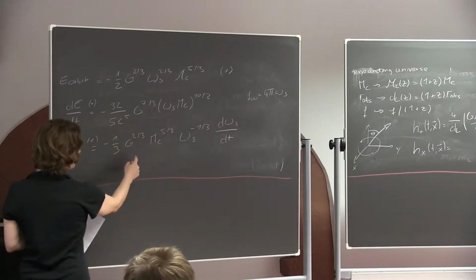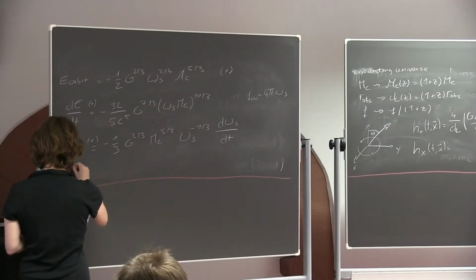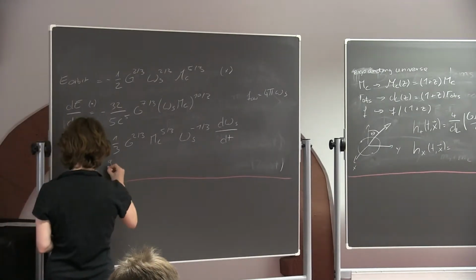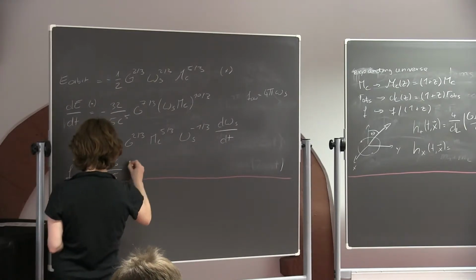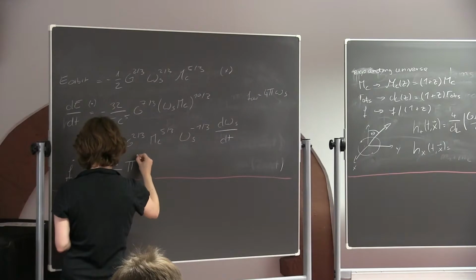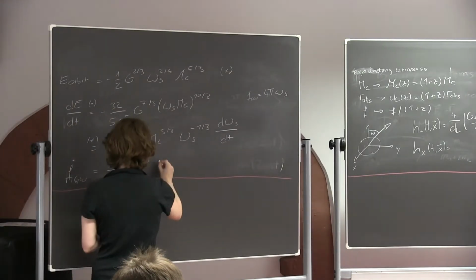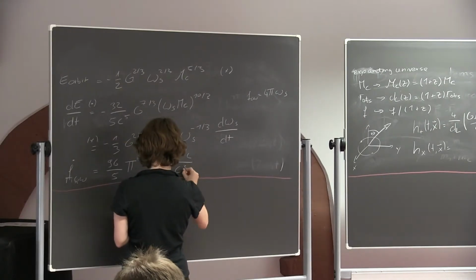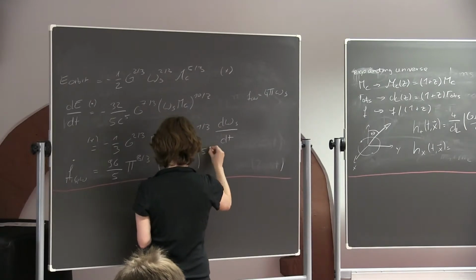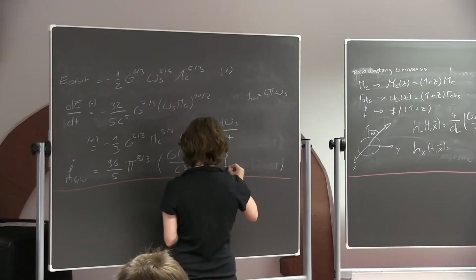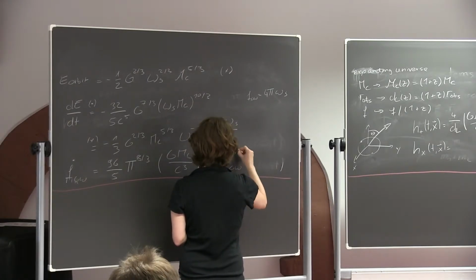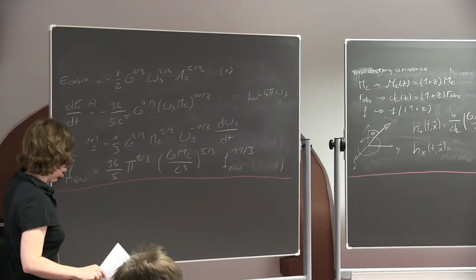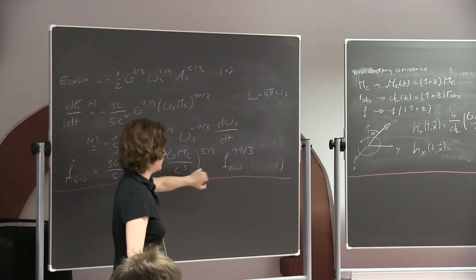So then just by comparing these two lines, you immediately find a differential equation for the frequency of gravitational waves, with G m_c over c cubed to the power 5/3 and f_GW to the 11/3, which tells you the rate at which the frequency increases as a function of f.